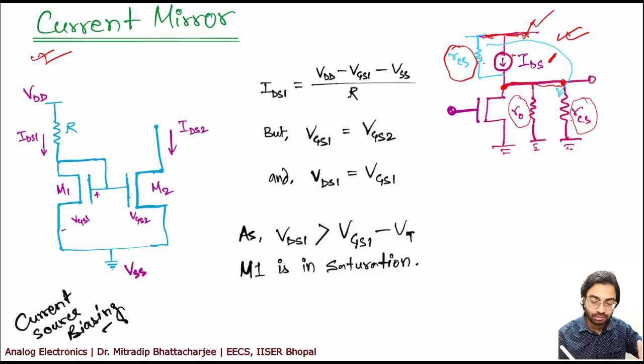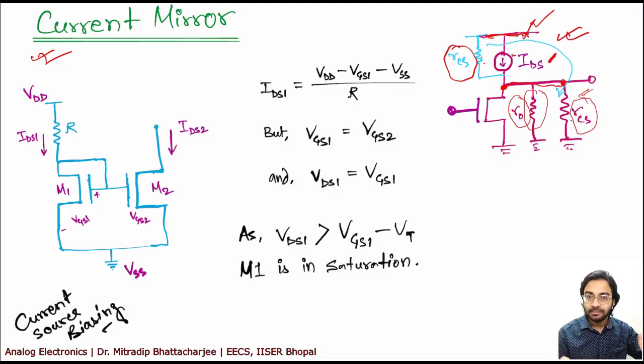Now think about a situation where RCS is very small. If RCS is very small, it will shunt the output resistance. That means whatever current comes will flow through this, and the effect of R0 will be very less. So even if your R0 is very high, ultimately the effective R0 will be very less. But if I use a current source, the RCS value will be very high. We have seen that the resistance associated with the current source is ideally infinite.